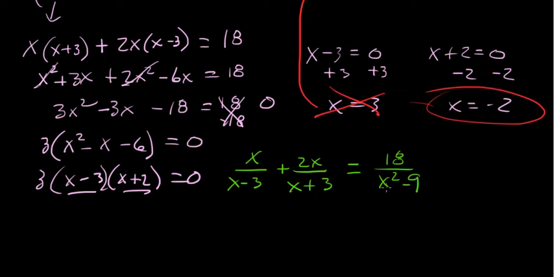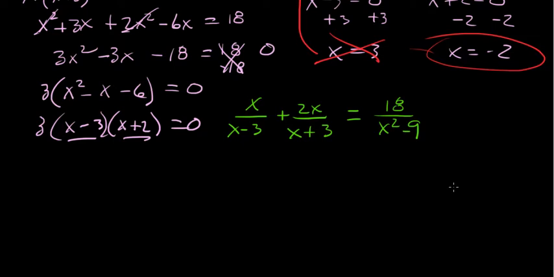Now if I graph this as y1 and this as y2, and find the intersection, that's normally the way I would use my calculator to solve something like this. However, that would be unnecessarily complicated. So I'm just going to subtract 18 over x squared minus 9 from both sides.